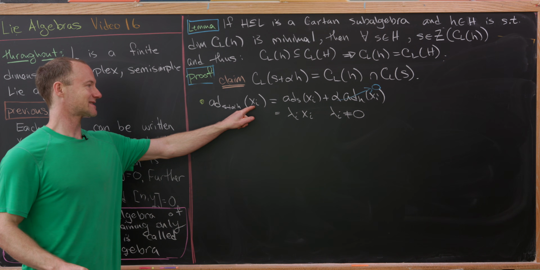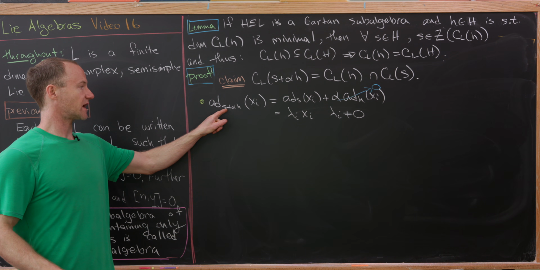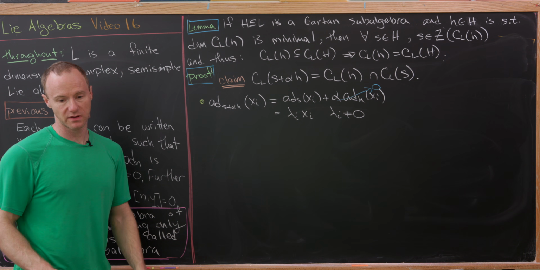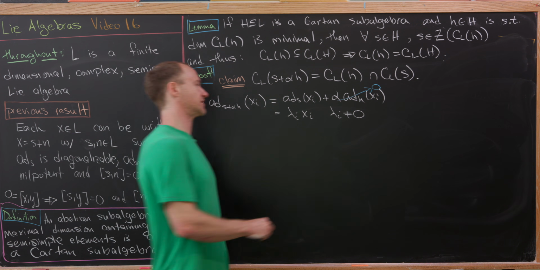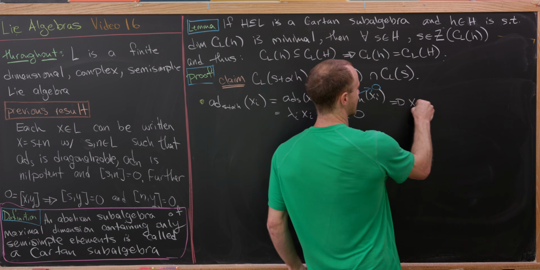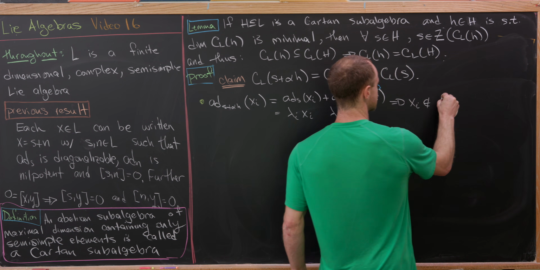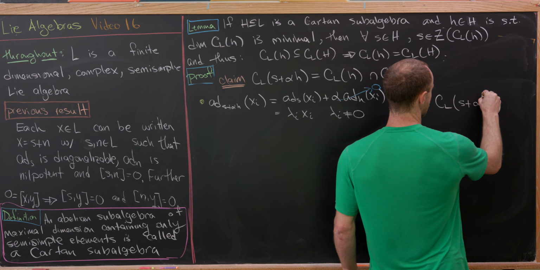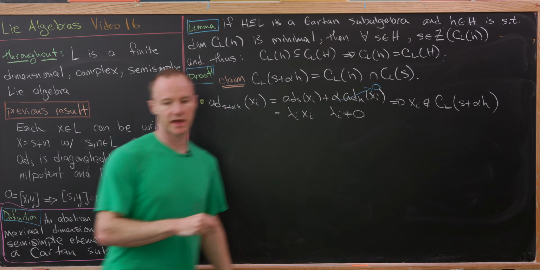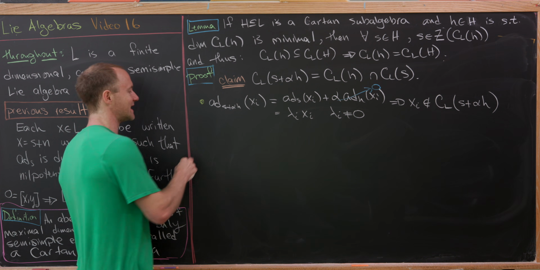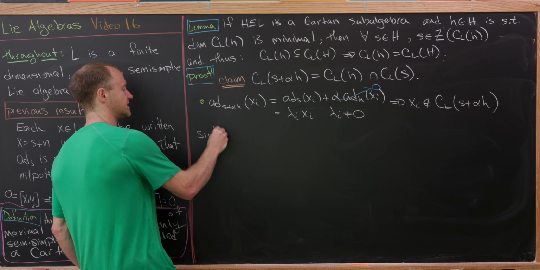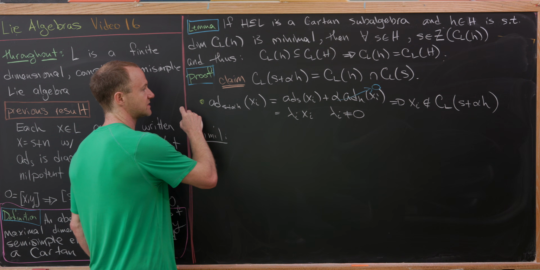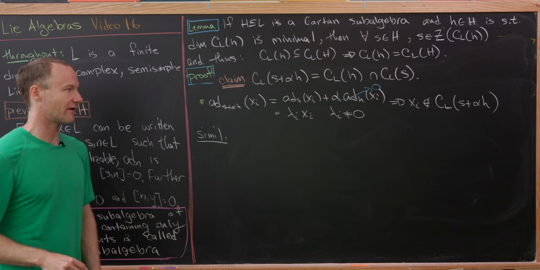So that means the Xi's do not commute with this S plus alpha H. In other words, Xi is not inside of the centralizer of S plus alpha H. Okay, great. And then I'll just say similarly, so this is via calculations almost exactly like what we have right here.